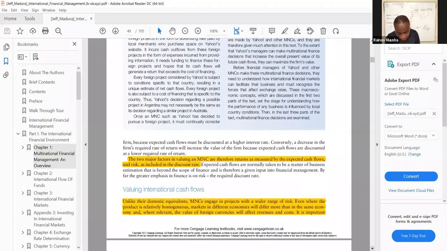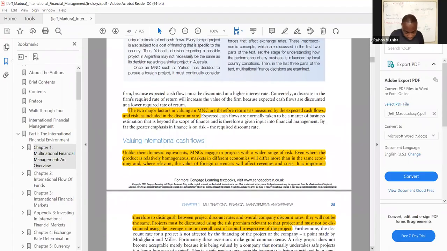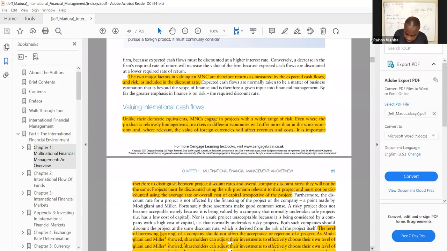So here they also say, valuing international cash flows, unlike their domestic equivalents, multinational corporations engage in projects with a wider range of risk, even where the product is relatively homogeneous. Markets in different economies will differ more than in the same economy, and where relevant, the value of the foreign currencies will affect the revenue and costs.